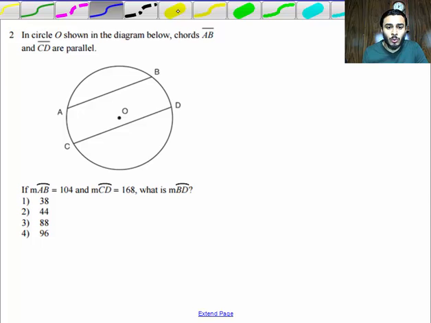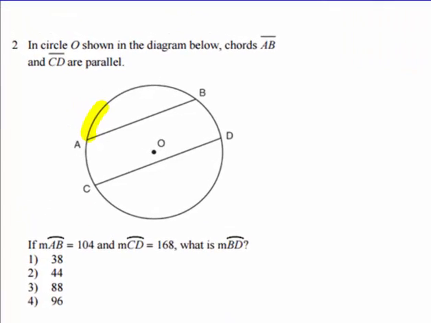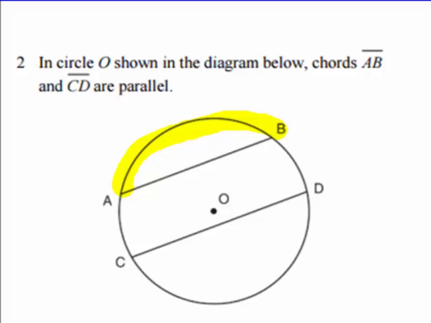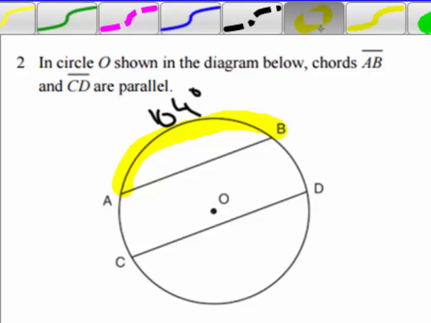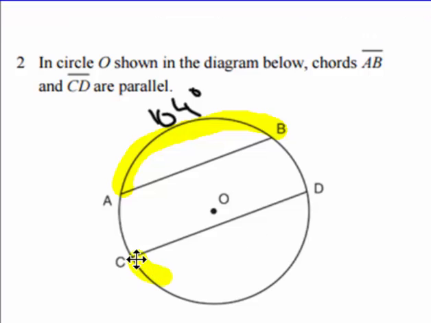So we are told that arc AB is 104 degrees. So I'm going to go ahead and just label that 104 degrees. We are told that arc CD is 168 degrees. So that means this arc here measures 168 degrees.